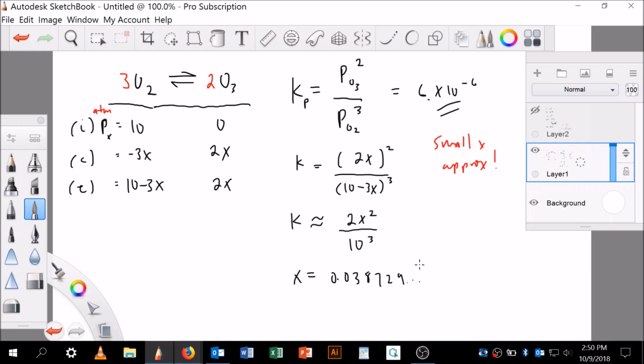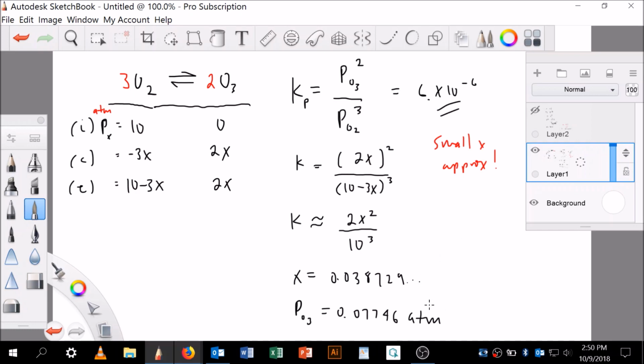And so that means that our final x, or our final partial pressure of O3, is going to be 2 times that, times 2 equals 0.07746 atmospheres, right? Now we need to check it.